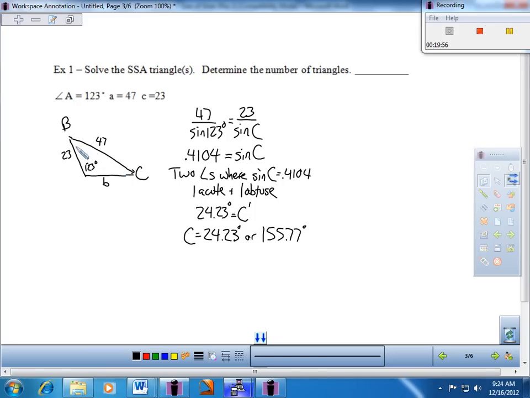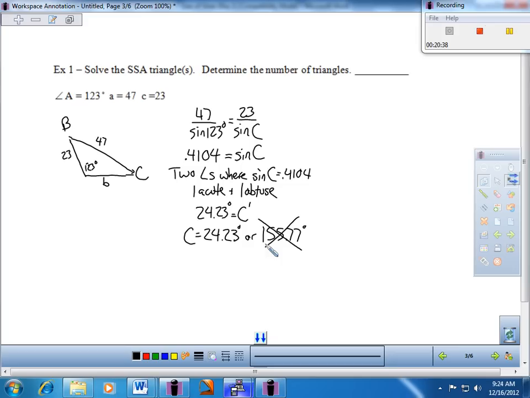The question I have for you is, is it feasible in a triangle for this to be 155 and change if that is already 123 degrees? If this is 155, it looks like we've already exceeded the 180 degree limit, and so this simply does not work. So even though this angle theoretically has that exact same sine ratio, it won't make another triangle.